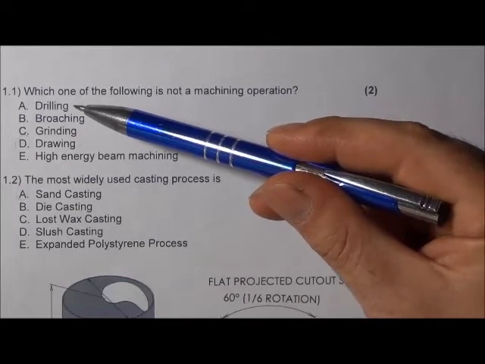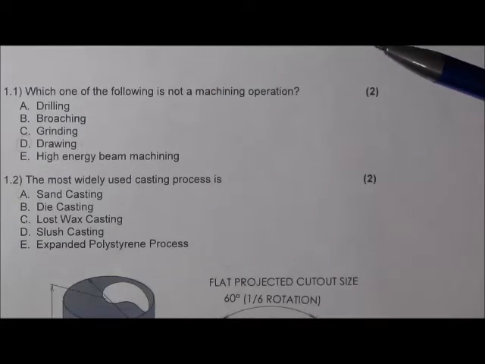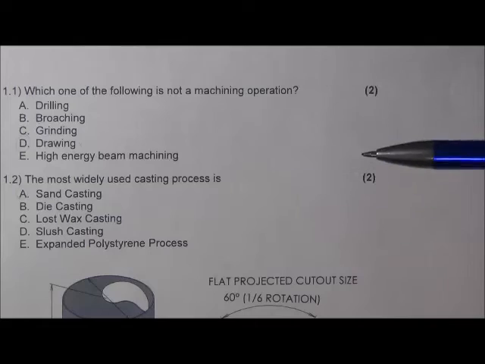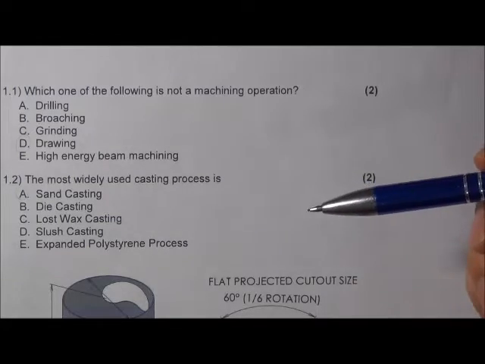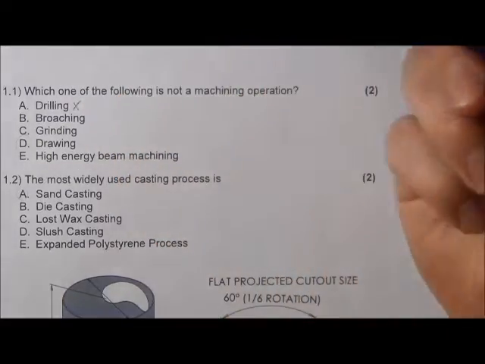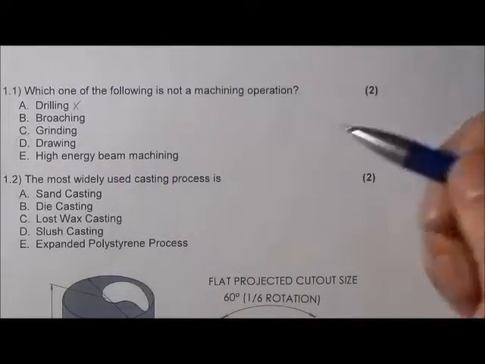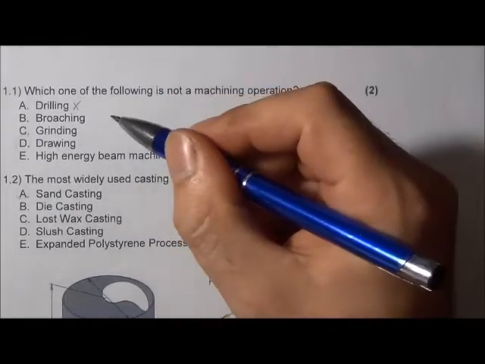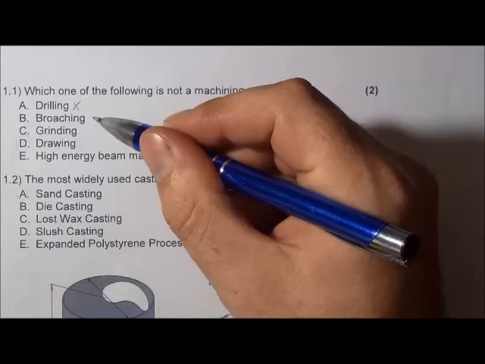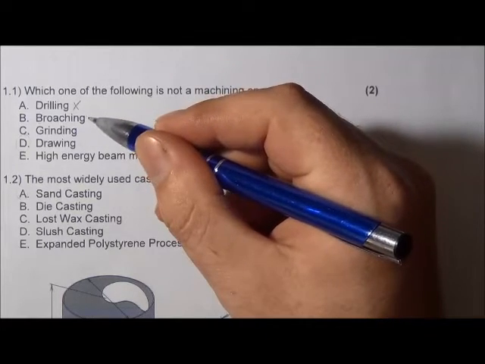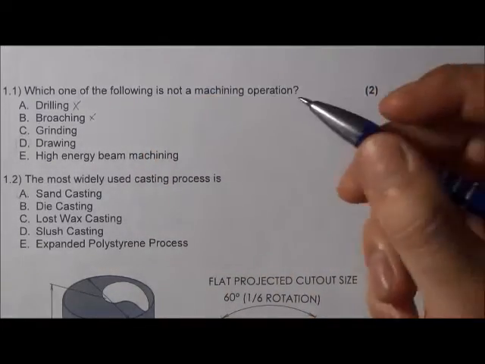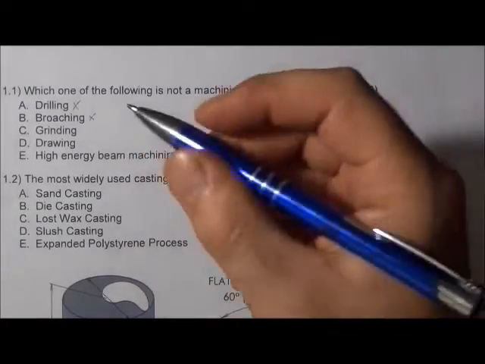So number 8, drilling. Drilling is when you use a spiral cutting tool to cut a circular hole into a component. So it is definitely not drilling because this is a machining operation. Broaching is a cutting operation where a cutting tool is moved across a surface to cut a desired shape into the surface, so not broaching because it's also a machining operation.